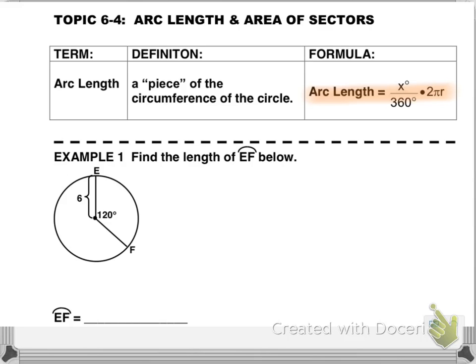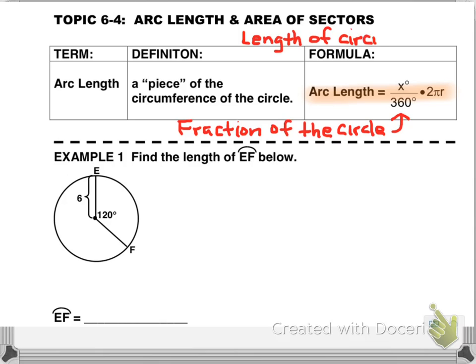The formula is x over 360 times 2 pi r, or pi d, where the fraction of the circle is represented by the fraction x over 360. x is the number of degrees of the central angle, and 2 pi r, or pi d, is the length of the circumference. 2 pi r or pi d can be interchanged in this formula.